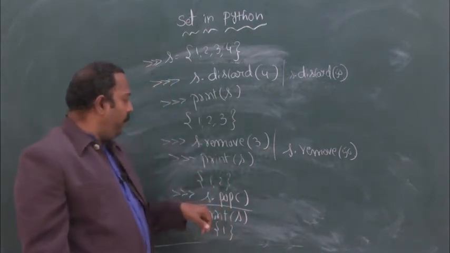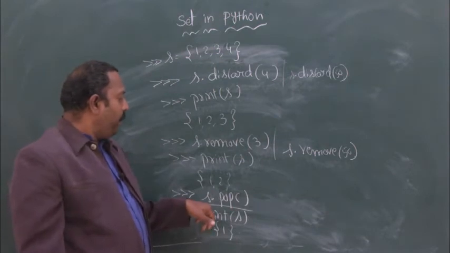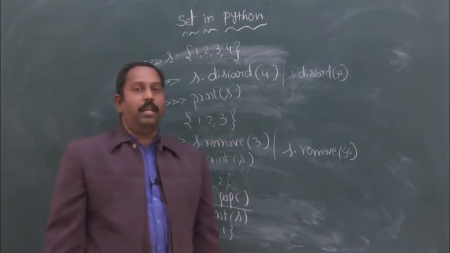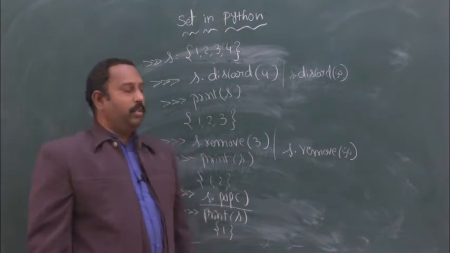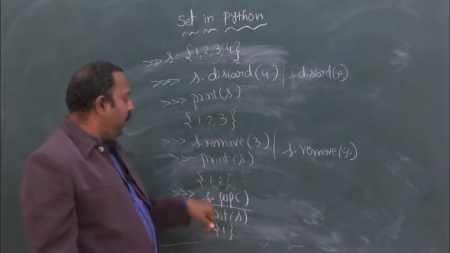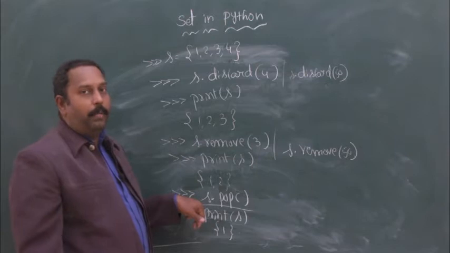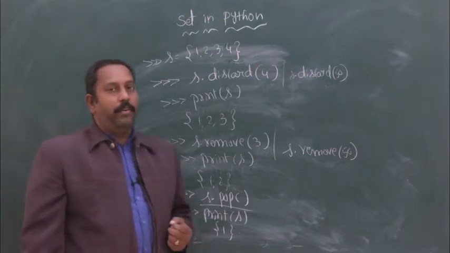So if you want to delete a particular item randomly from the set, then you have to use the S dot pop method. We can also store the deleted element in a variable and print that variable.